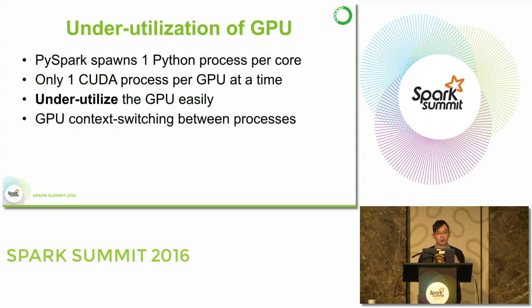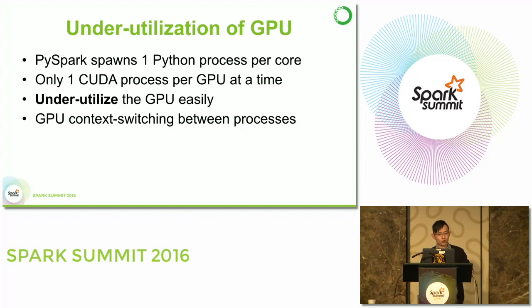Also, I found that using PySpark, it would spawn one Python process per worker core. But due to the limitation of CUDA, the CUDA driver only allows one CUDA process using the GPU at each time. So it tends to underutilize the GPU. All the other workers are waiting for the same CUDA hardware.